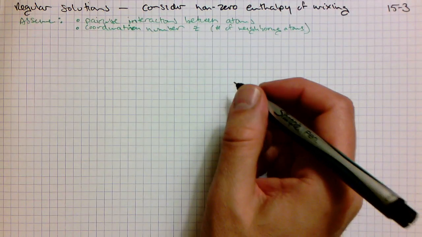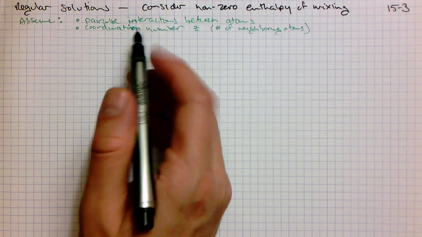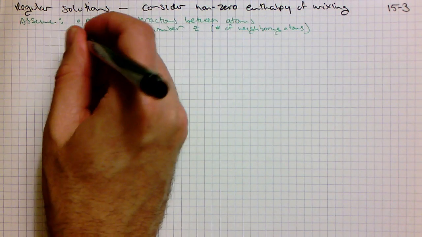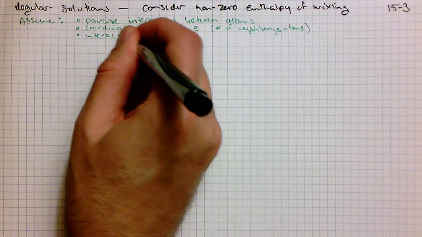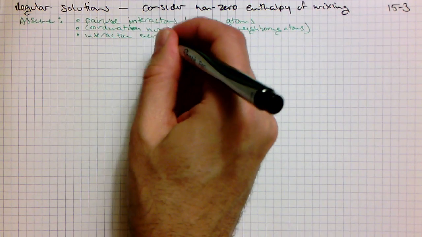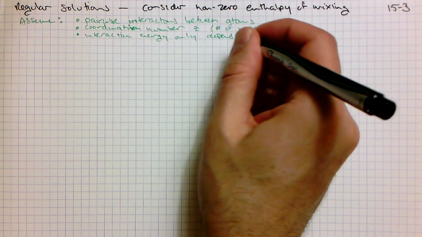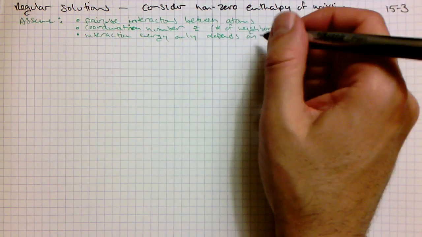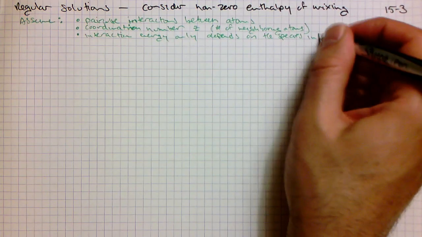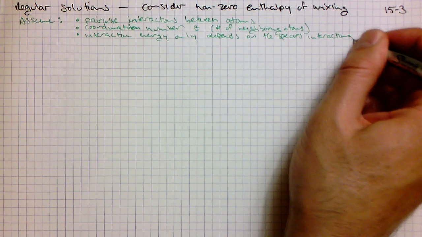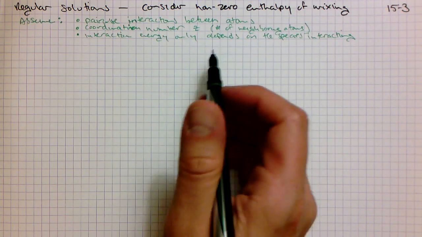We're going to assume that the interactions are limited to these neighboring atoms, and that the interaction energy only depends on the species interacting. In particular, that it doesn't depend on the concentration of the solution in which the species are interacting.